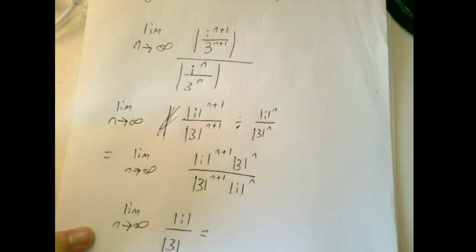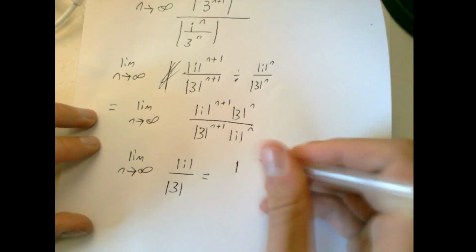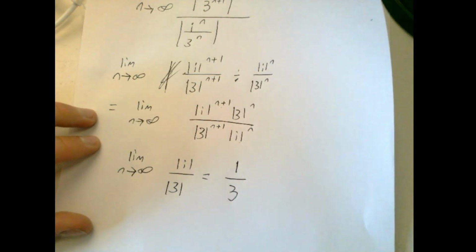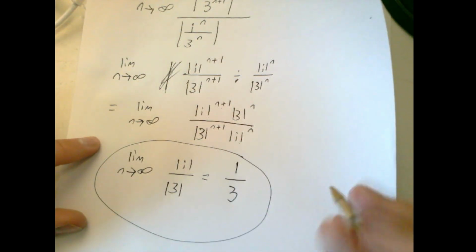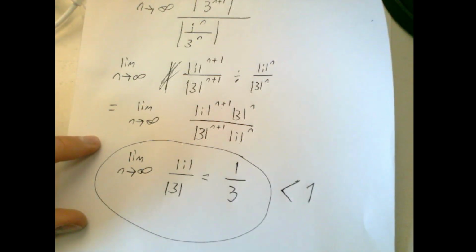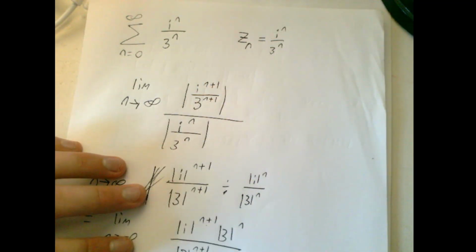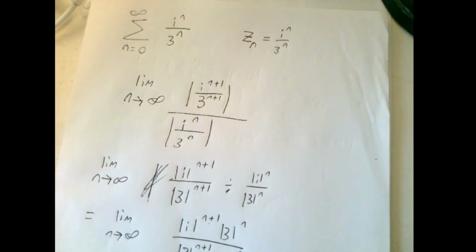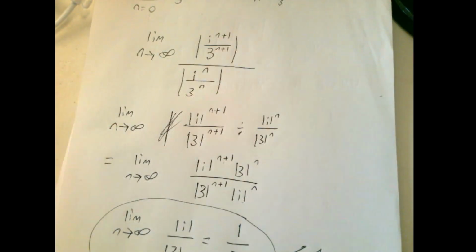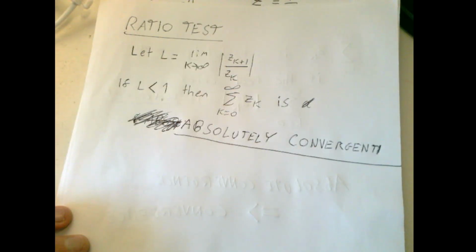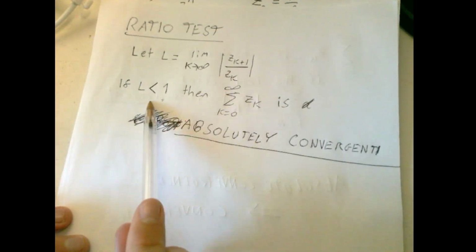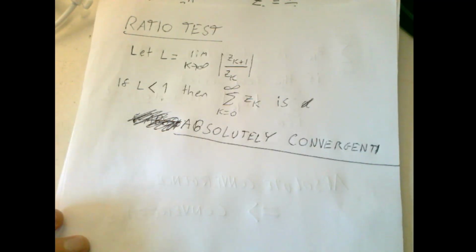The modulus of i is just 1, and the modulus of 3 is just 3. And so the limit is 1 over 3. This is less than 1, and so this series must be absolutely convergent, and by extension, convergent, as the ratio test says. What we computed was L, and it was less than 1, because it was 1/3.